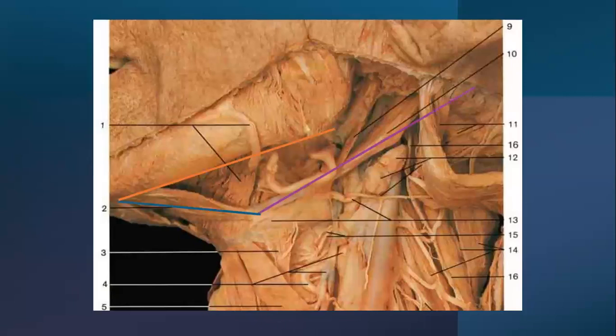Then posterior and inferiorly, you had the posterior belly of the digastric. And the superior boundary of the base was completed by an imaginary line from the angle of the mandible to the mastoid process. Remember, the posterior belly of the digastric, forming the posterior inferior border, touches the medial surface of the mastoid process.